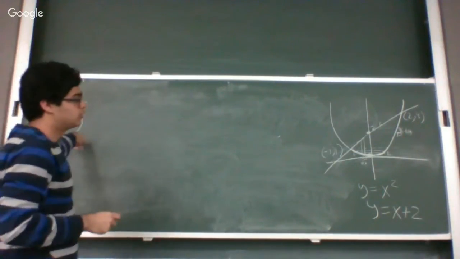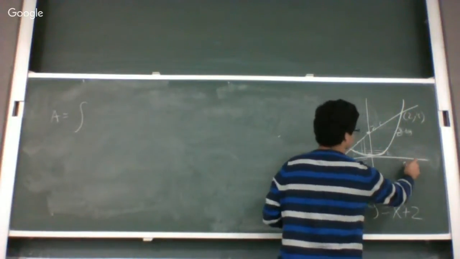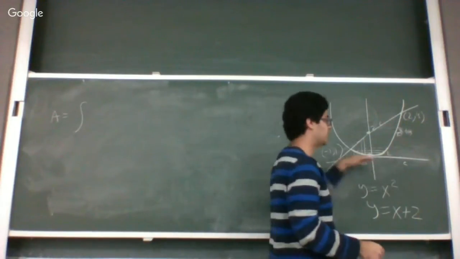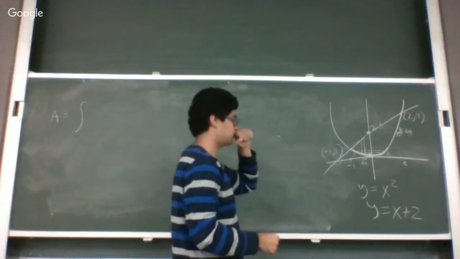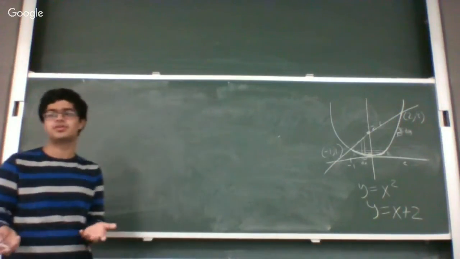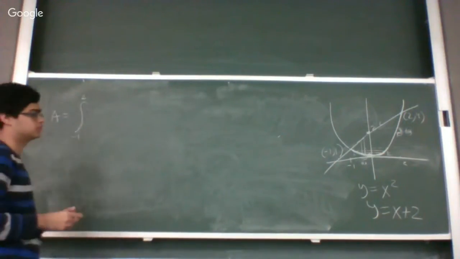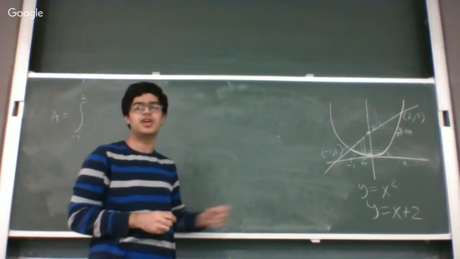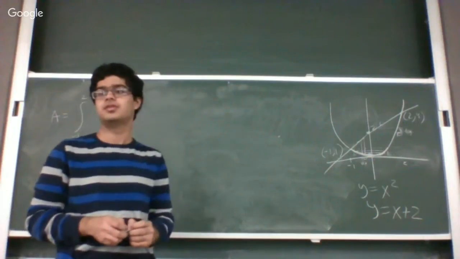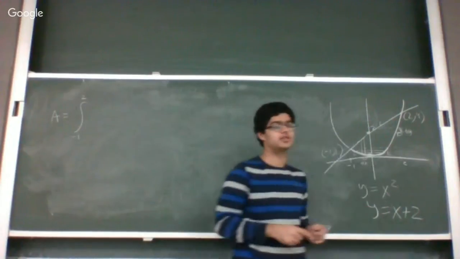So the integral is between what domain? -1 and 2, because that's the x-axis and we're doing dx. It's like summation basically, going from -1 to 2. It's the distance from here to here, because that's the area we're calculating.